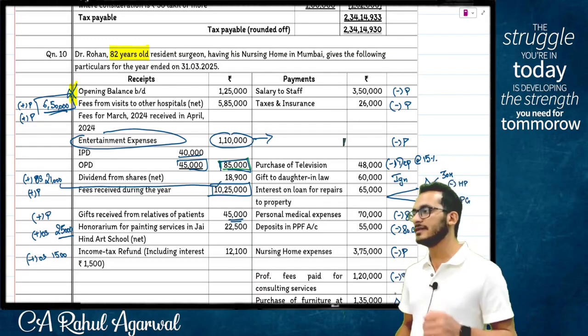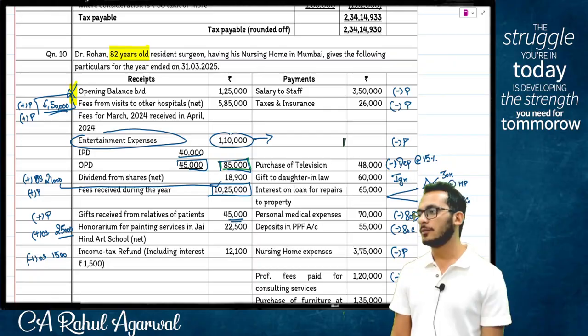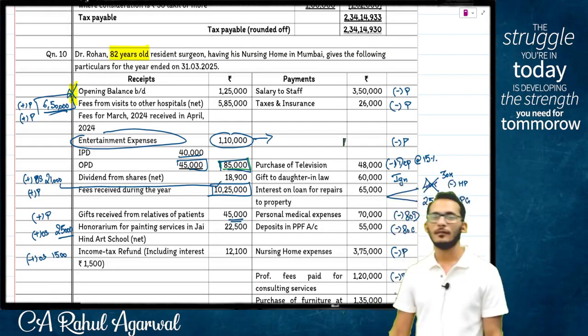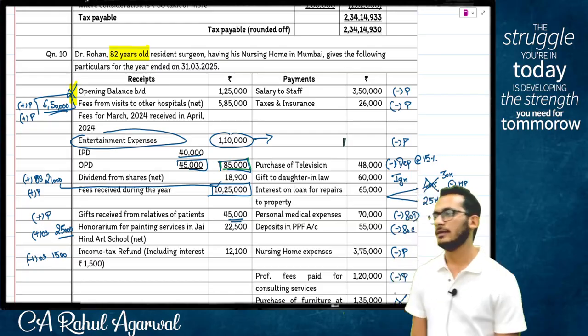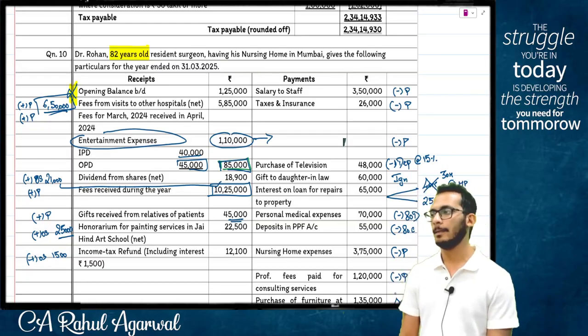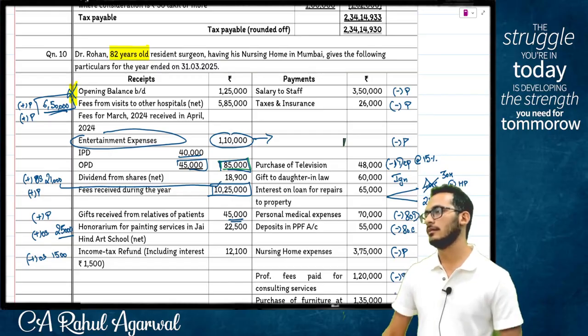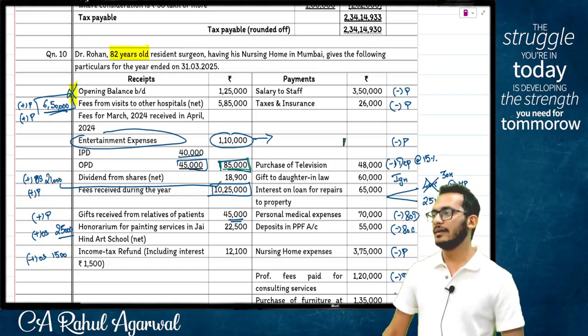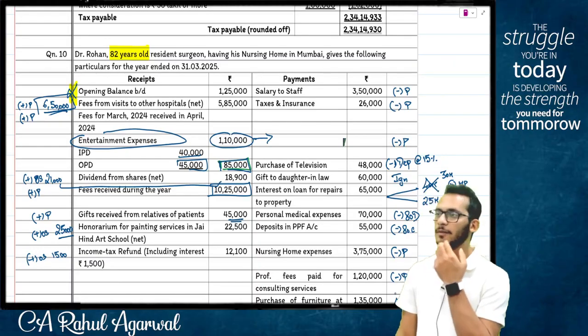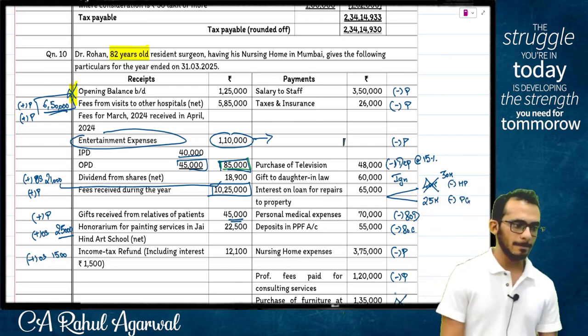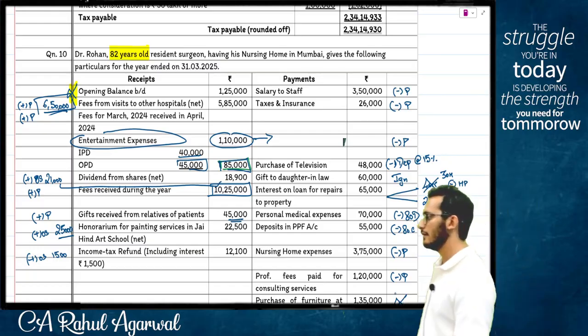People, because of opting for presumptive, is anything else going to change? No. So next line comes and says total income as per normal provisions. Add additional income. Next line, add additional income on opting presumptive 1 lakh 13,700.